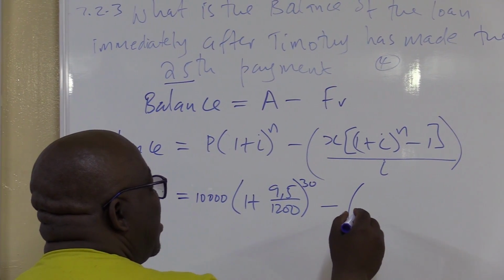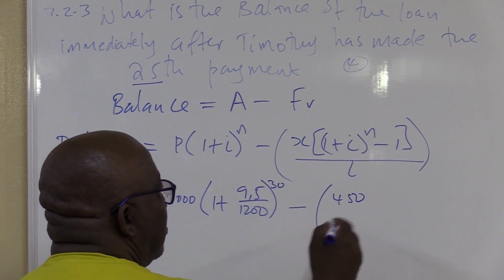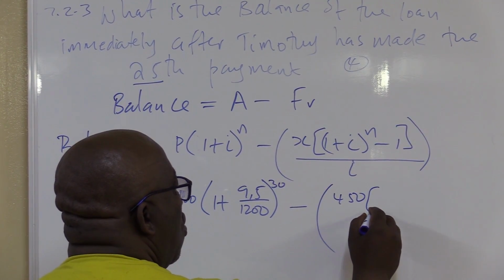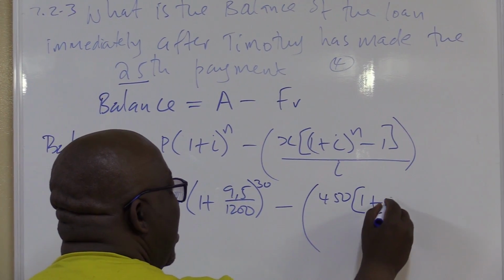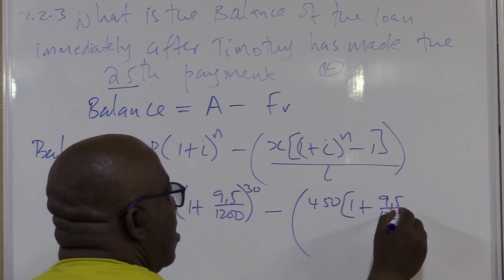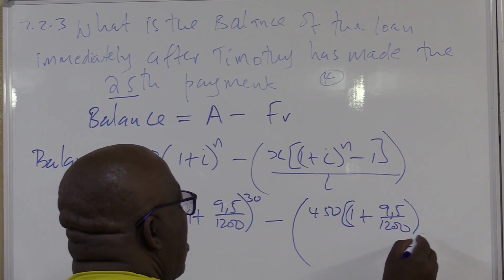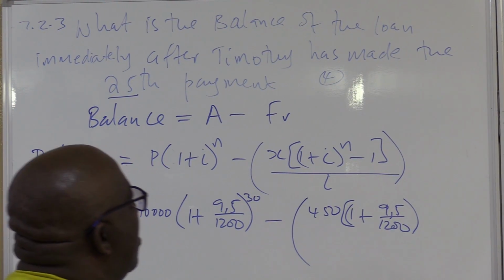How much are the installments in this particular case? It is 450, into (1 plus, what is my i? It is 9.5 over 1,200. I've got to put this bracket here. Raised to the power n.